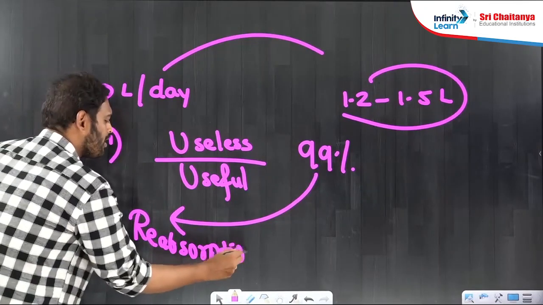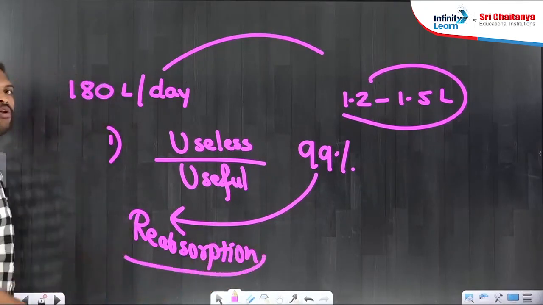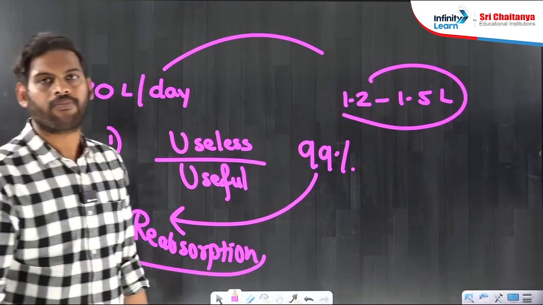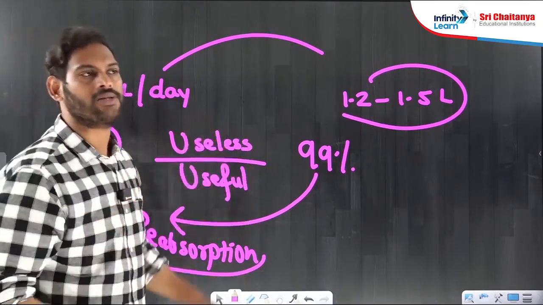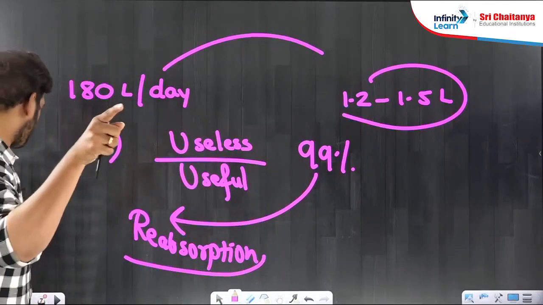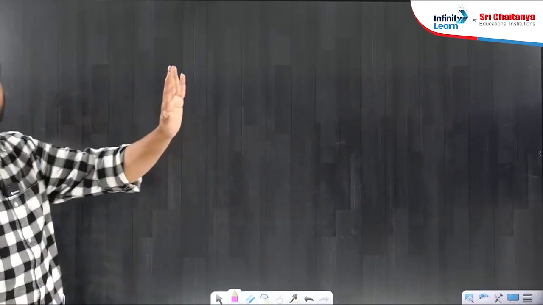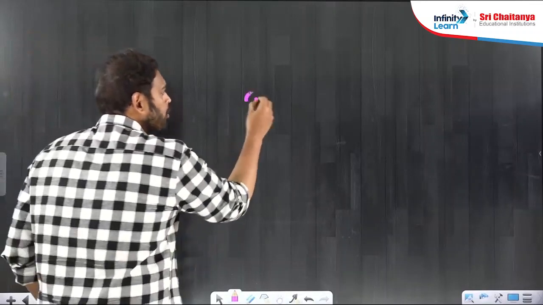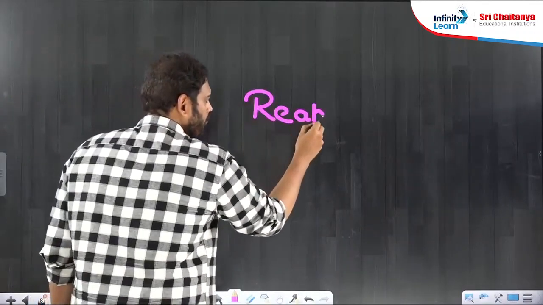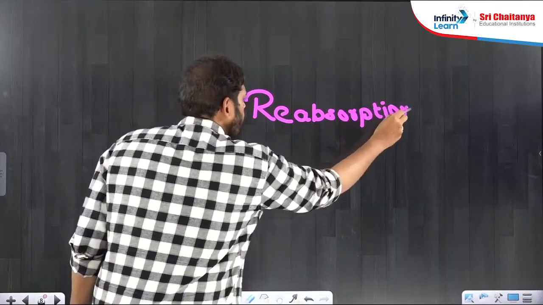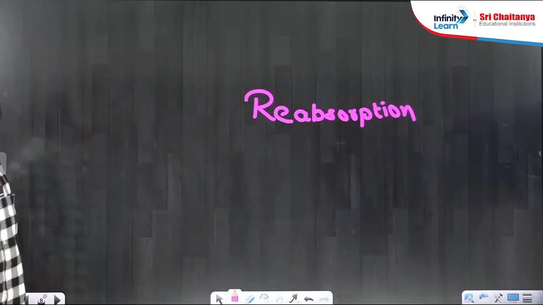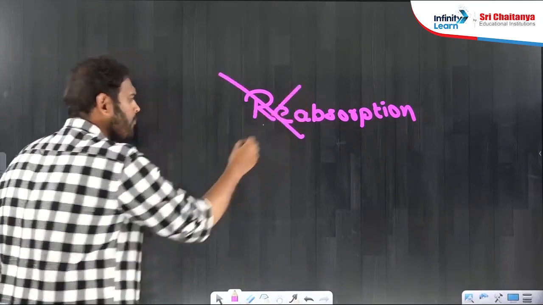See guys, reabsorption is a solution. It is a solution for the mistake done by glomerulus. Now I have a question for you. If nephrons are taking back useful things, we use the term reabsorption. Why should we use this term reabsorption? Why not just absorption?